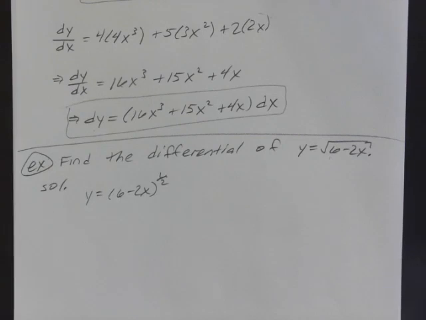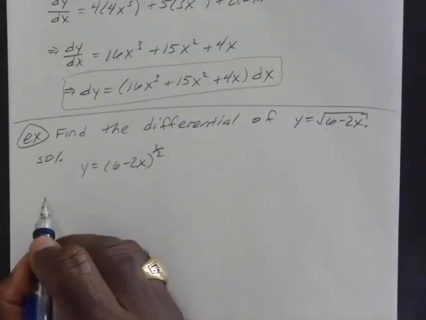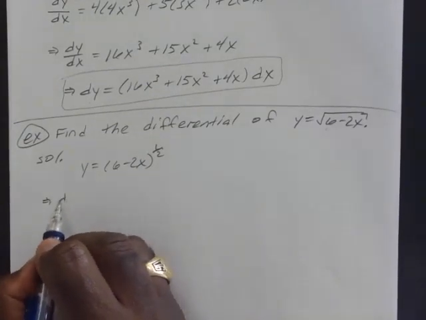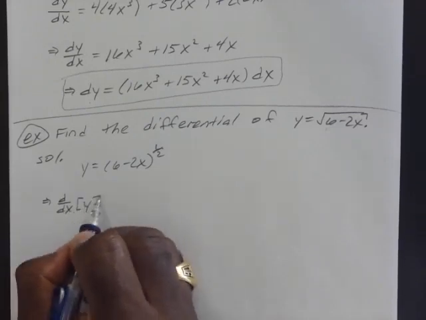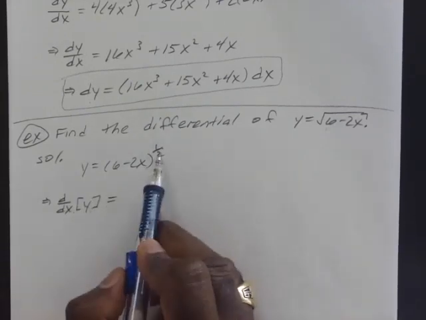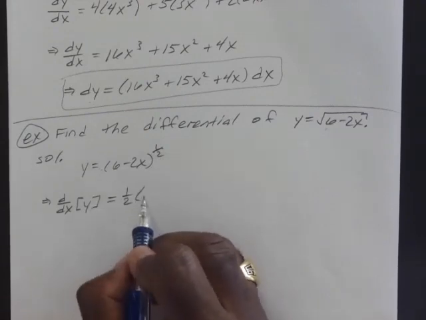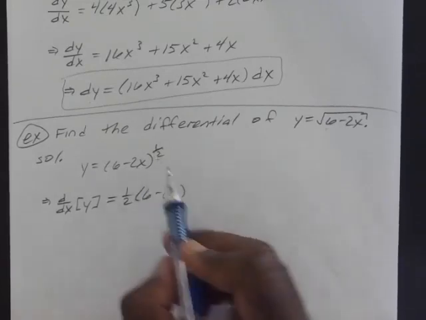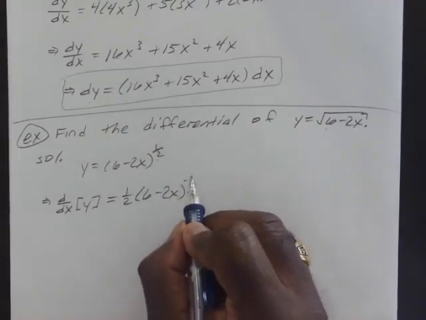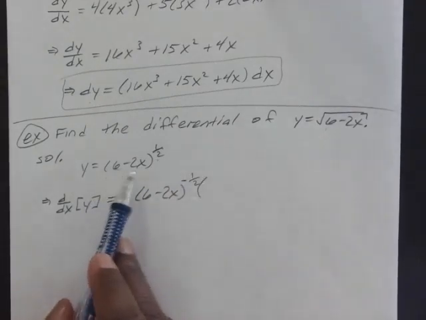So now we can apply the power rule. So the derivative with respect to x of y is just using the power rule, bring down the 1/2 of 6 minus 2x to the 1/2 minus 1 power, which is negative 1/2, times the derivative of what's inside.